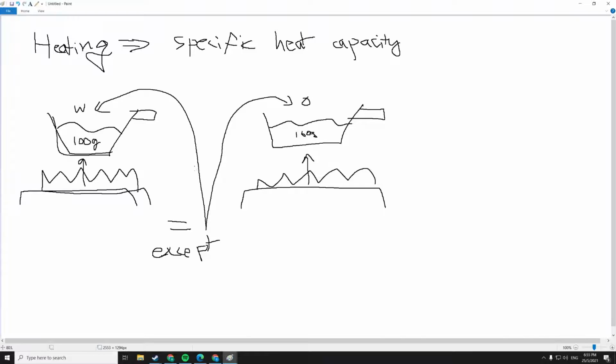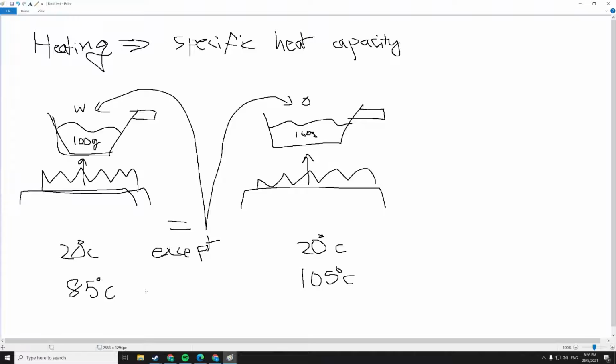Now, eventually what happens is we start with both pots at 20 degrees Celsius each, right? And after 5 minutes, what we find is that the water has increased in temperature and is now at 85 degrees Celsius. But the oil has actually shot up to about 105 degrees Celsius, right?